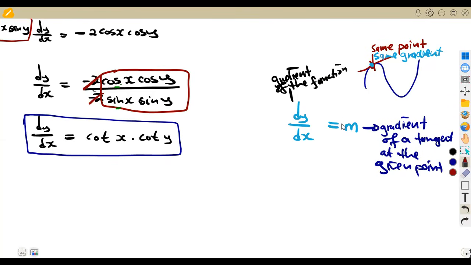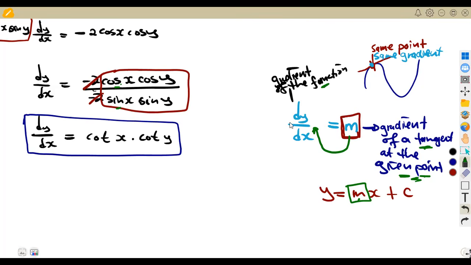I'm talking about m here because we are talking about a straight line. And we know that the equation of a straight line is given by the form y is equal to mx plus c, where m here represents the gradient. So this m is the one that I'm saying is equal to dy dx, which is the gradient expression of a function at the given point now.